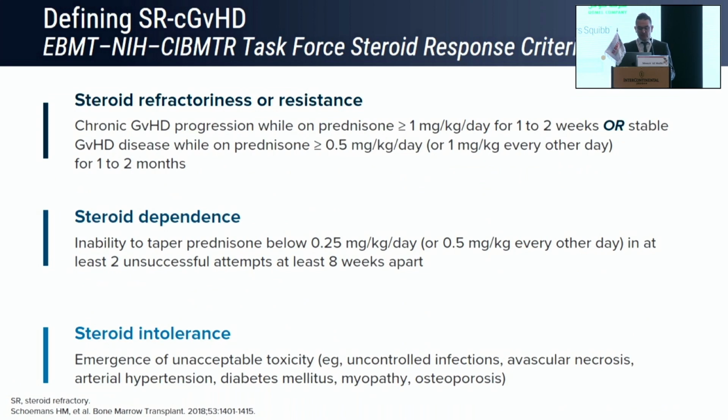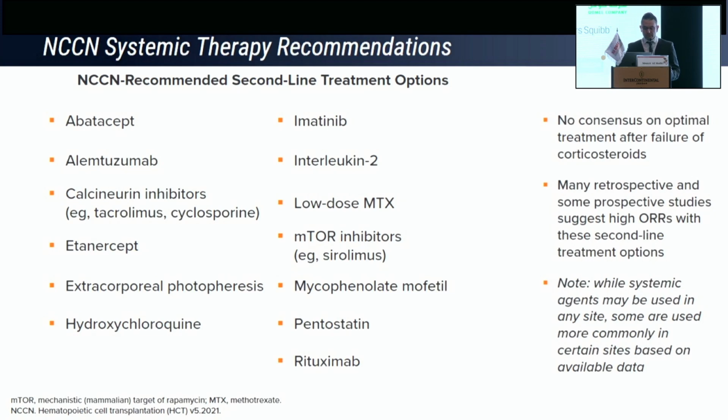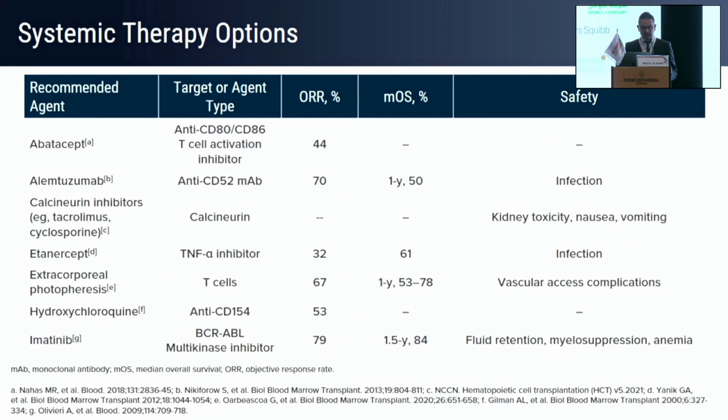All of this leads to either corticosteroid refractoriness or dependency, and they have different definitions. Besides all of that, as you all know and are aware, there are the side effects of steroids and the possibility of intolerance. And steroid-refractory GVHD is really a difficult disease. In management, there is no real consensus. As you can see here, NCCN has listed every single drug that you could use.